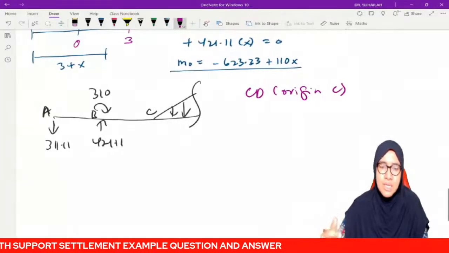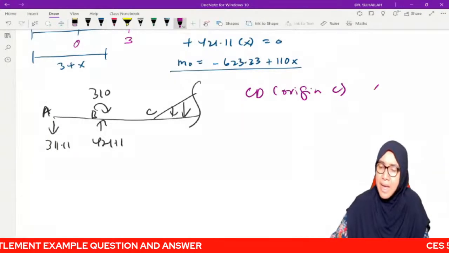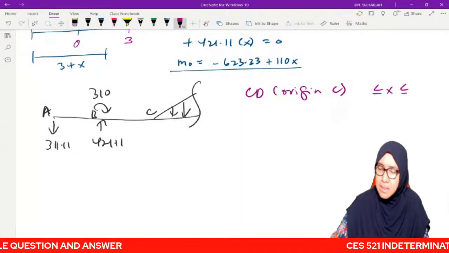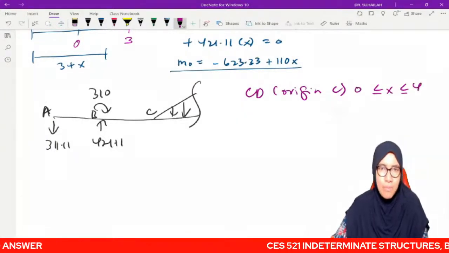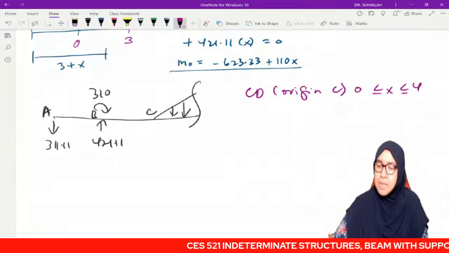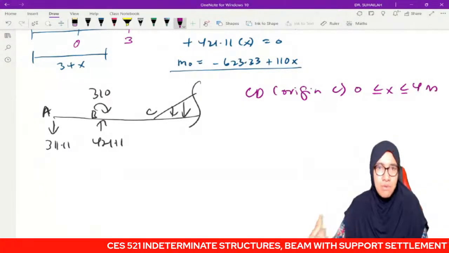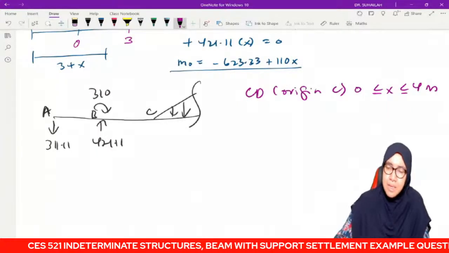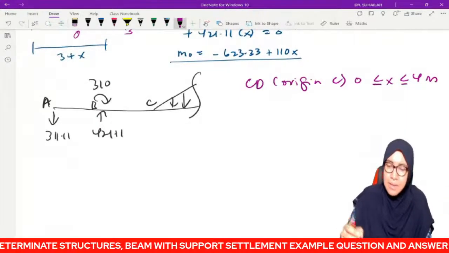So by choosing C as origin, X is 0 to 4, meaning the distance of CD is 4 meters.